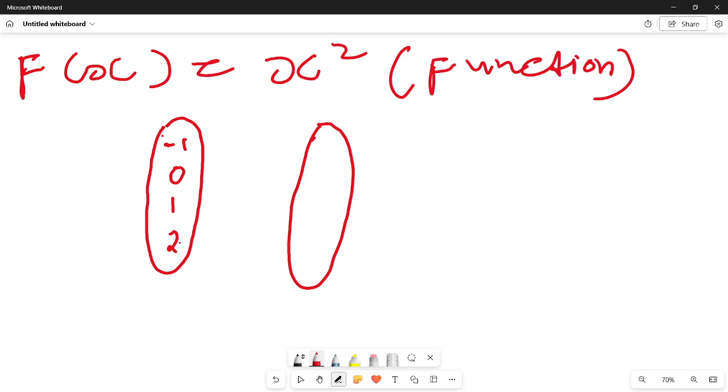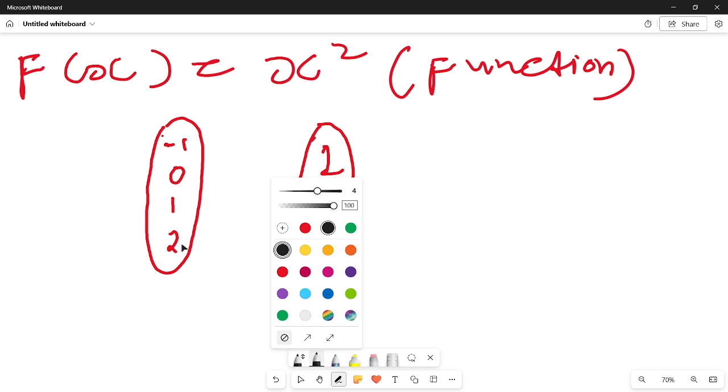If we take -1 and substitute where there's x, we're going to get 1. If we substitute 0 where there's x, we get 0. If we substitute 1, we get 1. If we substitute 2, we get 4.